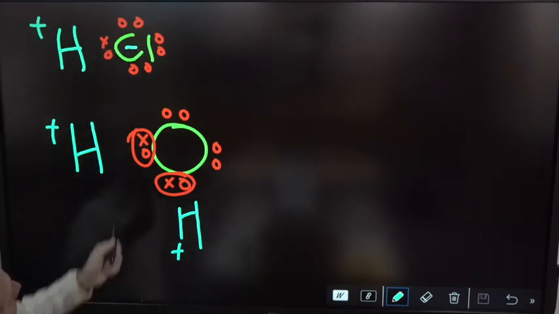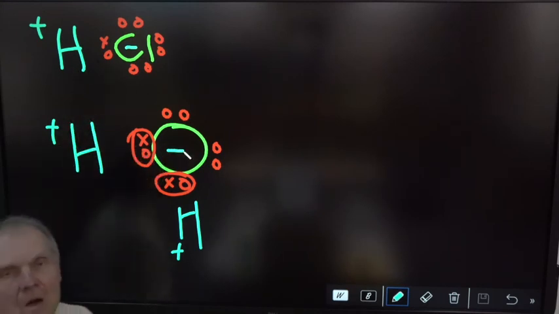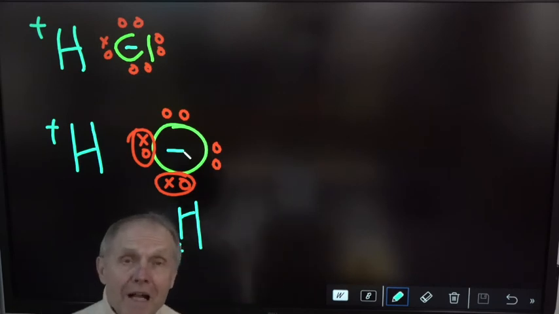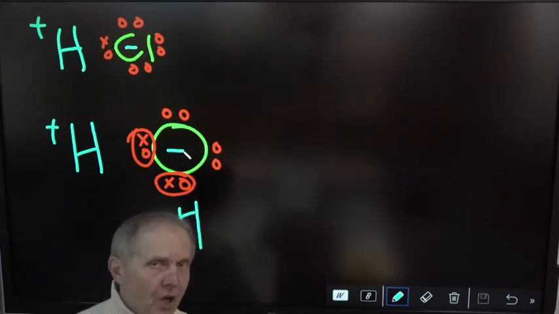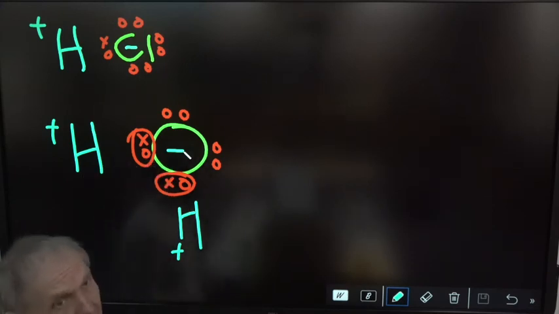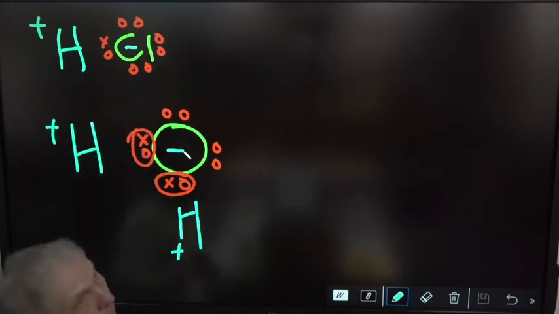Now, there's water and there's HCl. They are both asymmetrical, so they're both polar molecules, which can dissolve in each other, likes dissolve likes. So here's the water molecule. We're bubbling HCl gas into the water.